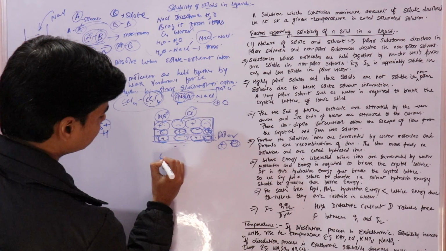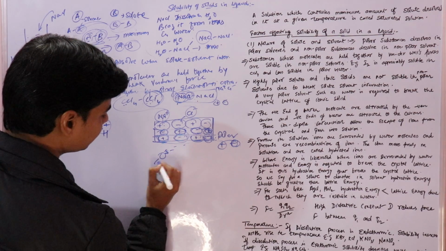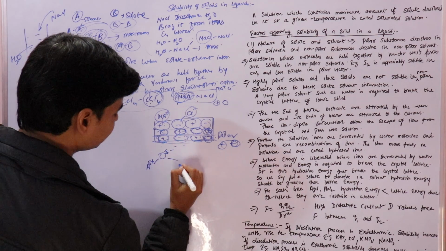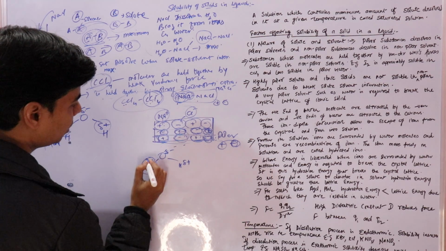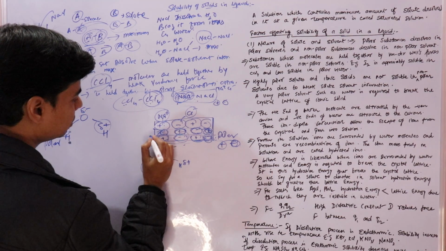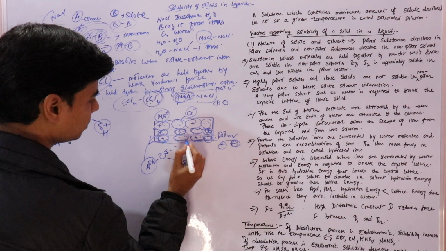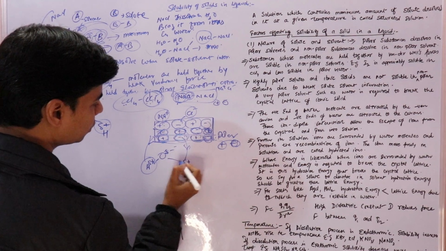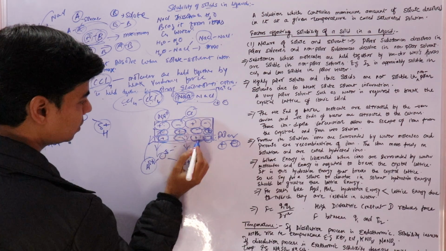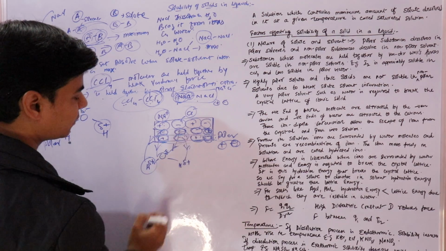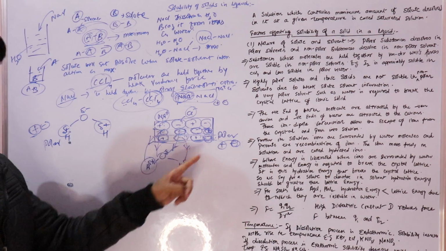So this is negative, this is positive. This hydrogen will pull these negative ions out of this crystal lattice, and these negative ions will pull out these positive ions from this crystal lattice.